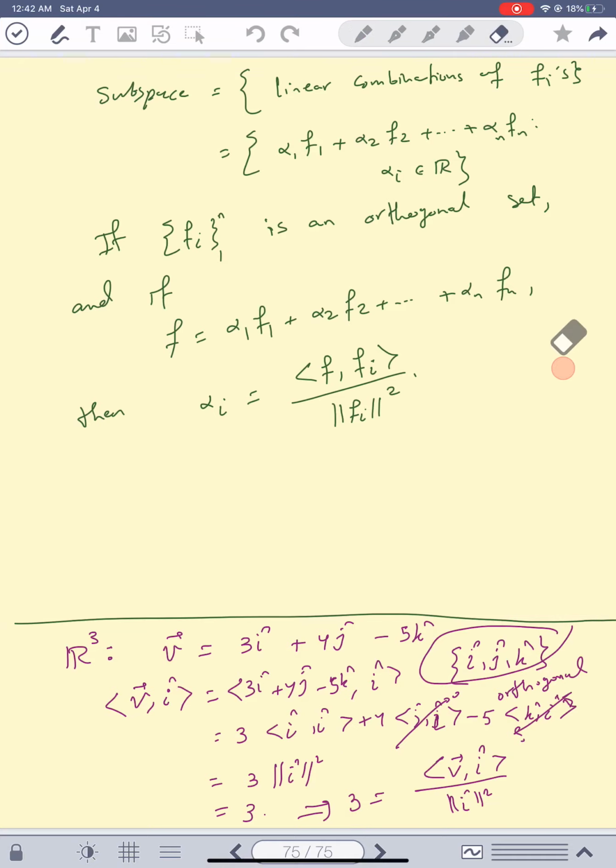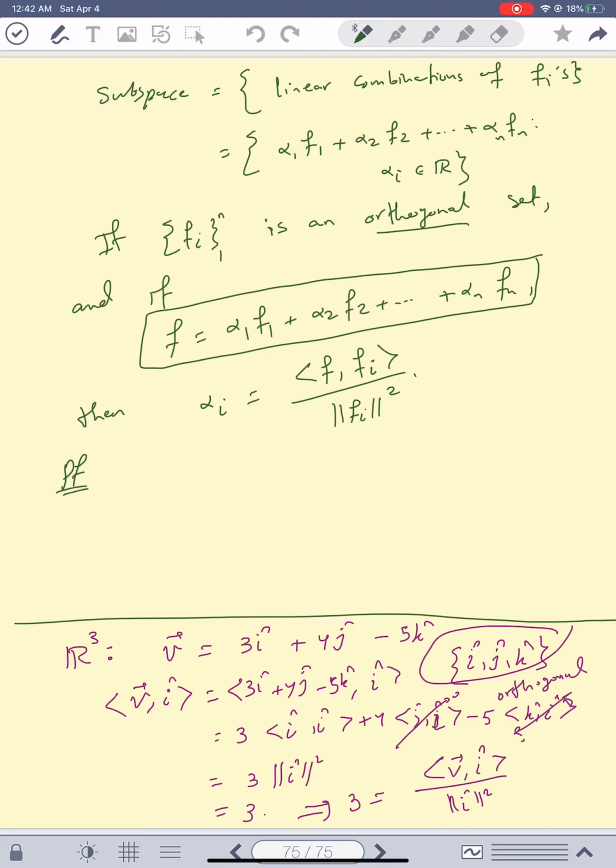So now, let me show you again with functions what happens when f is equal to this. It's a linear combination of certain orthogonal functions, and I want to show you how to obtain the alpha i. This is just a little proof.